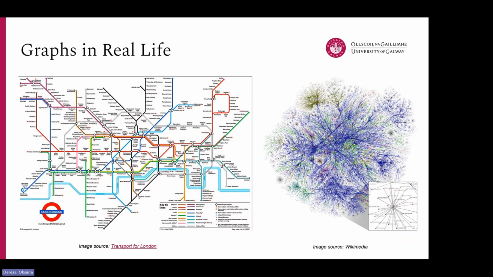And in this map, stations can be viewed as nodes, while the tracks connecting them are edges or links. And if you're calculating the travel time, there are apps for that. If you're calculating the time that it takes you to reach from one station to another, basically you're working with a weighted graph where each edge has a value of minutes that it takes to travel from one station to another.